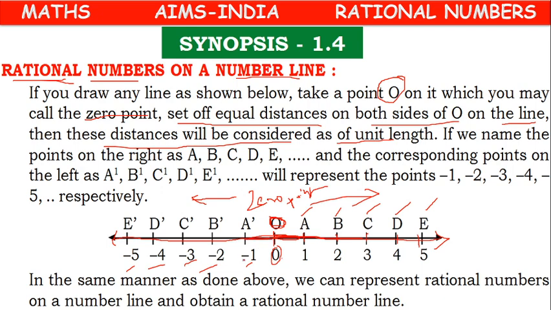From 0 to -1, the distance is 1 only, and from 1 to 2, the distance is 1 only. But since they are on the left hand side, we represent them with -1, -2, -3, -4, -5 like that. And we represent the points as A dash, B dash, C dash, D dash, E dash.